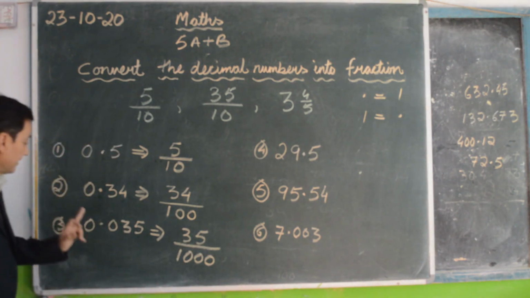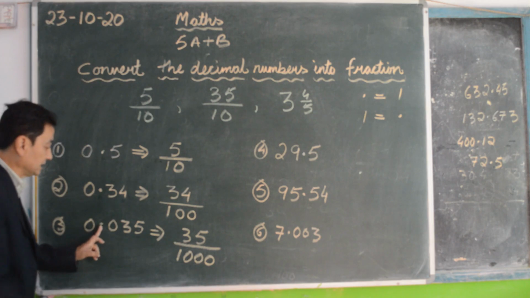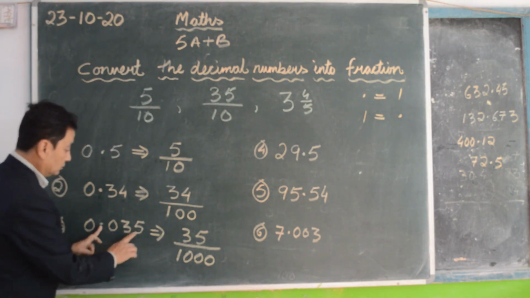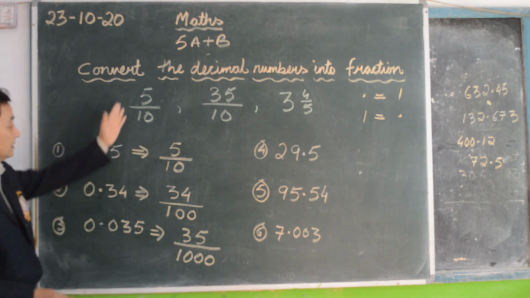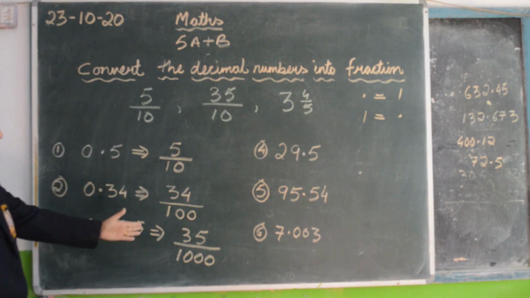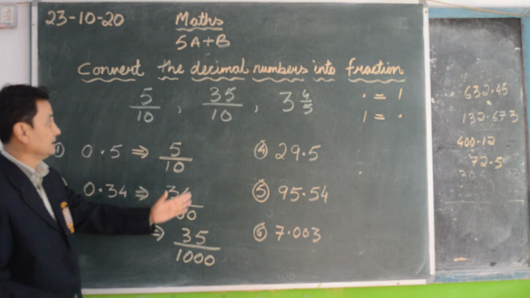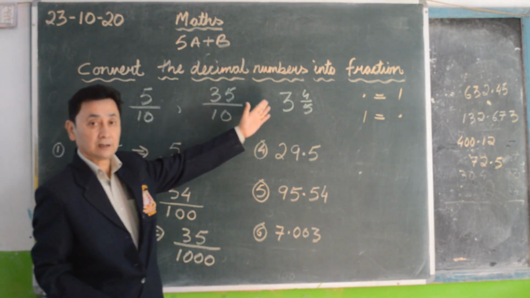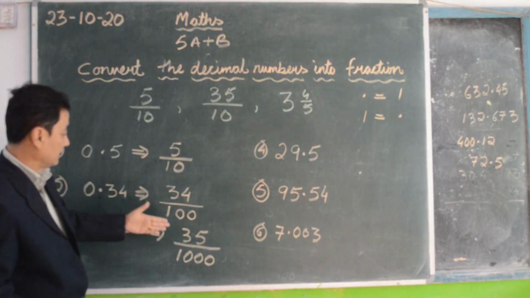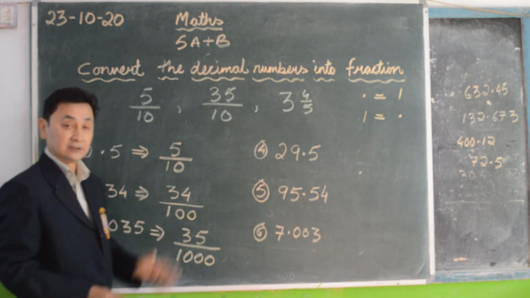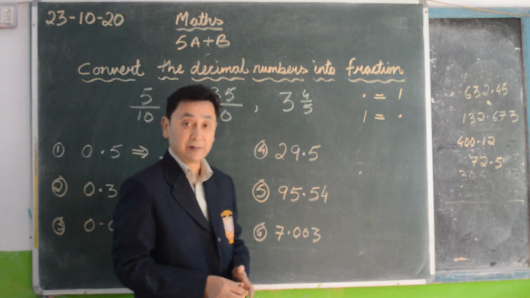Or the simple way, put your finger on point, pointing into 1, 2, 3 numbers, 1, 2, 3, just add 3 zeros. Now all these are proper fractions. So we don't have to convert it into a mixed number. 5 upon 10, numerator is smaller, numerator is smaller, numerator is smaller. So these are easy. But here it may change.